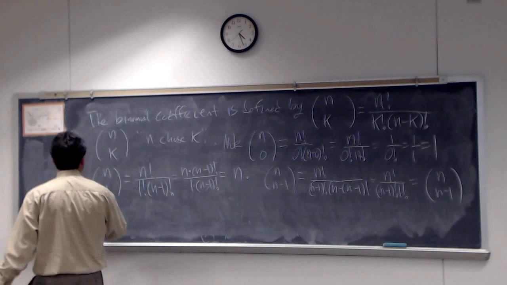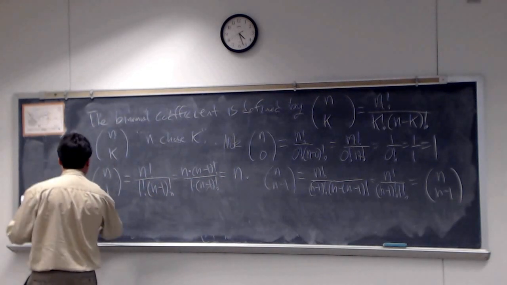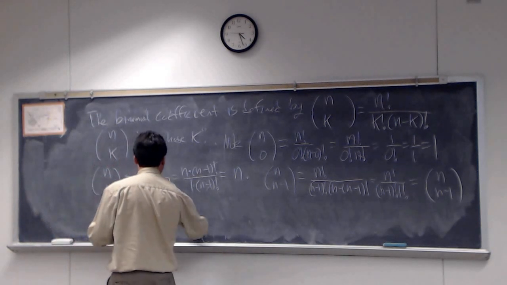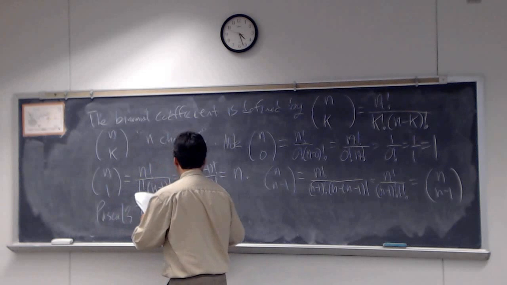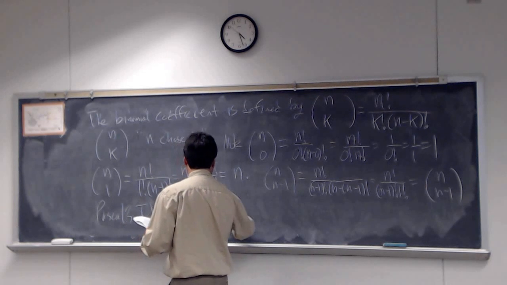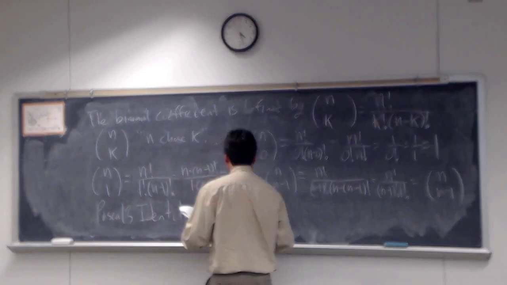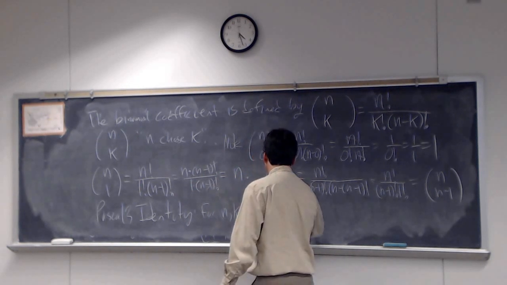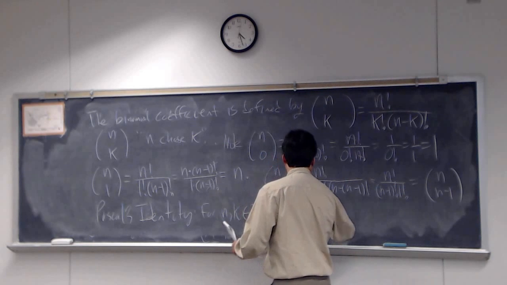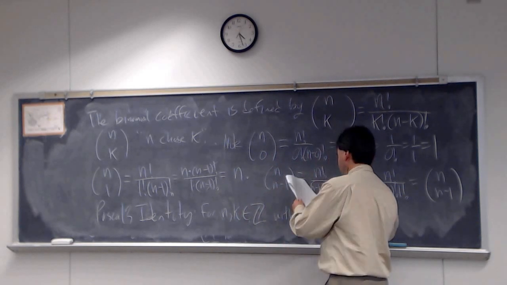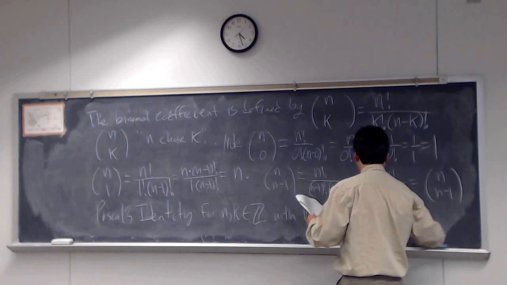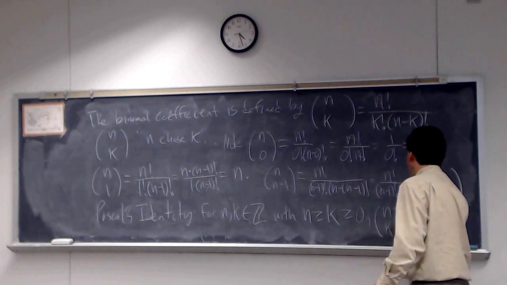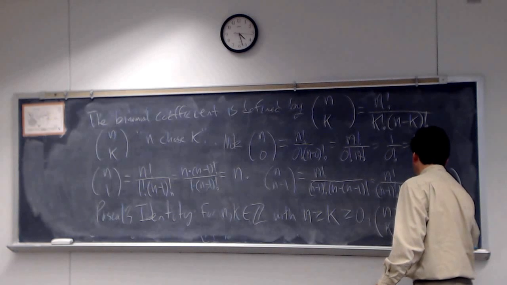So this generalizes to Pascal's identity. If we have two integers, n and k, with n greater than or equal to k, and both greater than 0, n choose k is the same as n choose n minus k.